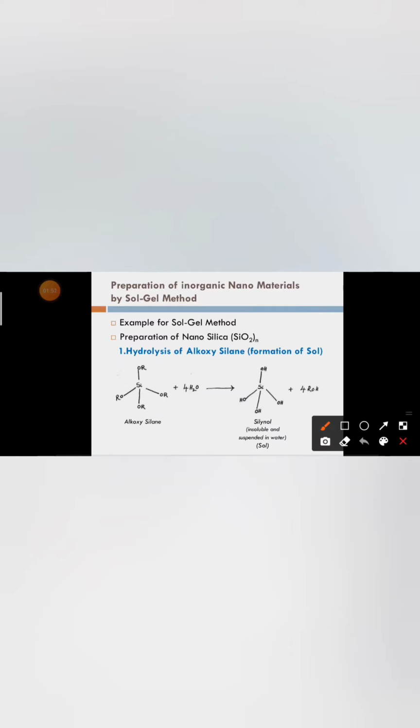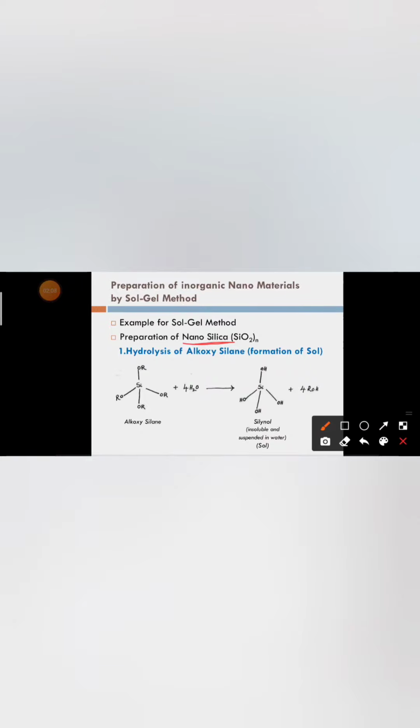For example, for the sol gel method, preparation of nanosilica SiO2. First one is the hydrolysis of alkoxysilane, formation of solution.